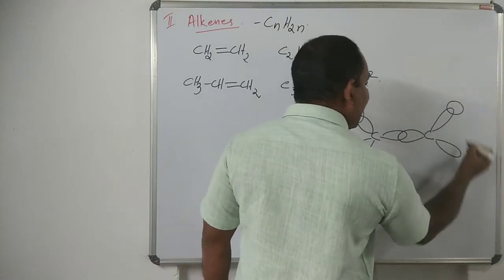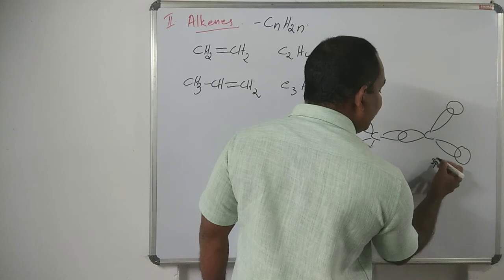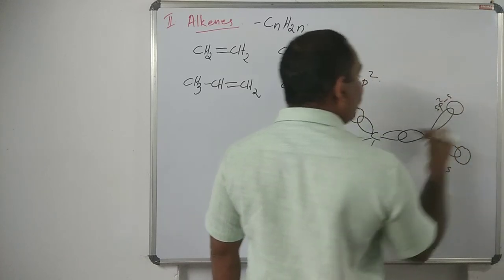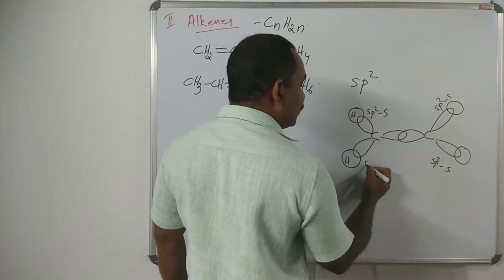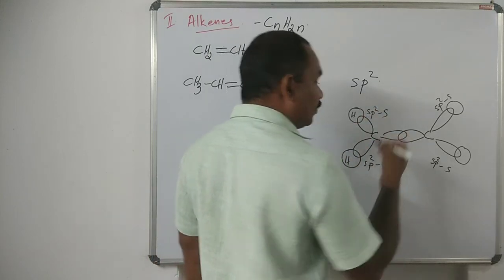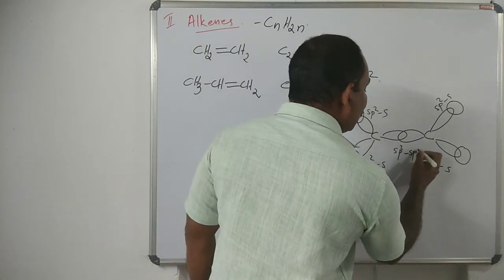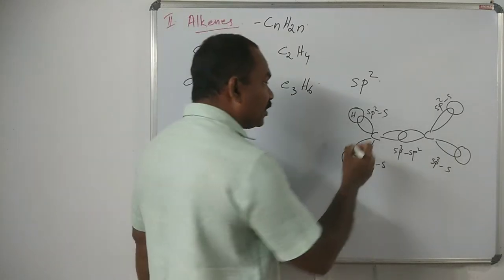Then the hydrogen atoms overlap: here is sp2-s overlap, here also sp2-s overlap, sp2-s overlap, sp2-s overlap. You know that we discussed all these things in the 4th chapter.